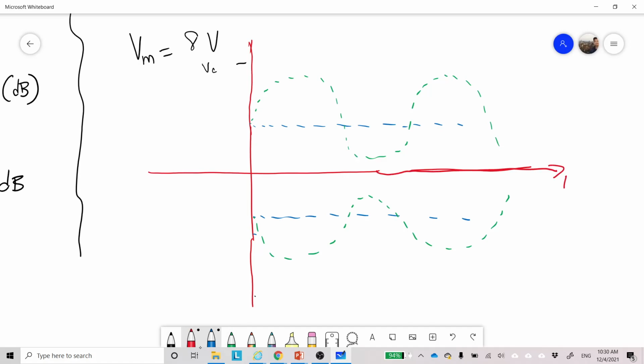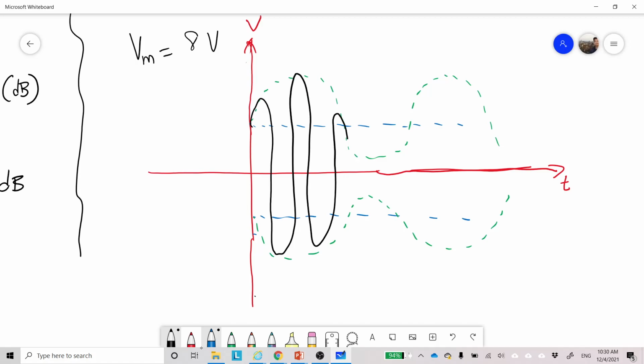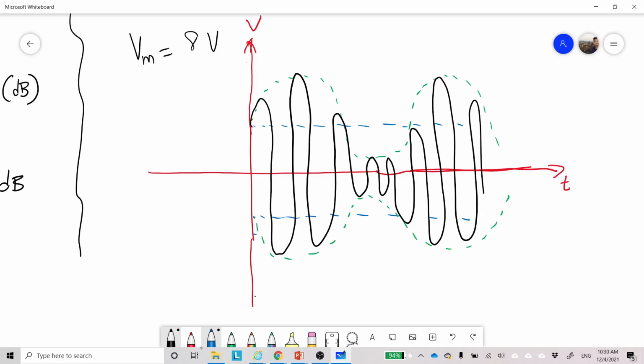So this is the time axis. This is the voltage axis. And then I draw this one. So I delete this one first. So when I draw like this, from here you can see that this is VM over VC, which is a Vmax. Vmax.